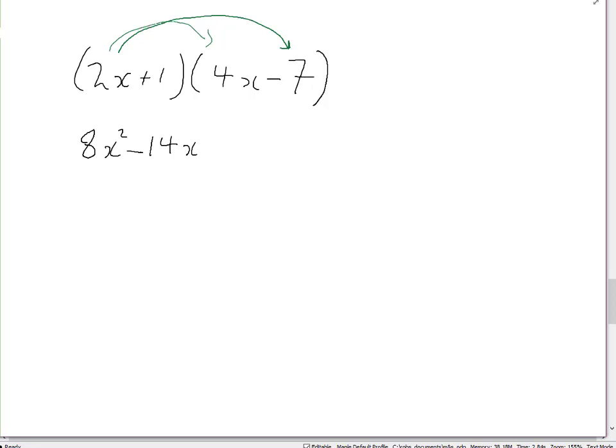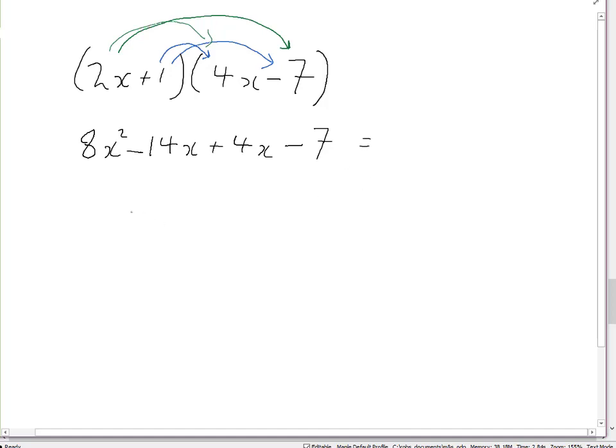Then I might move on to, let's write in a different colour, blue perhaps, this one times this one. So that's 1 times 4x, which is fairly simple. And finally, this one times this one, 1 times minus 7, which is minus 7.